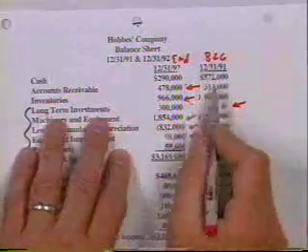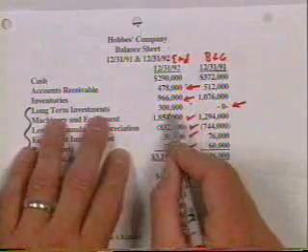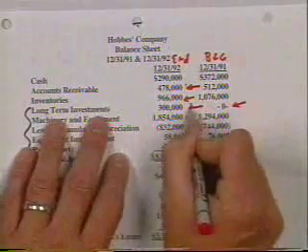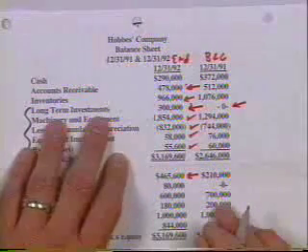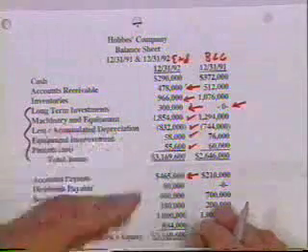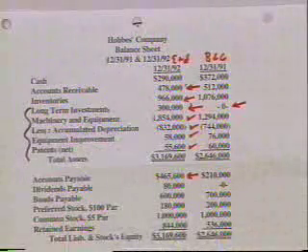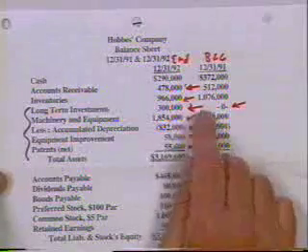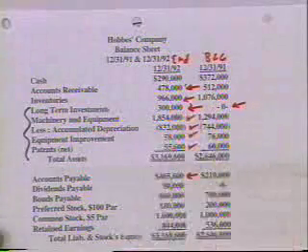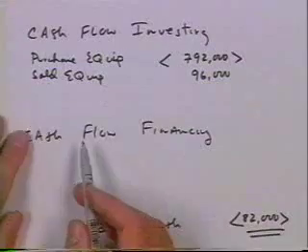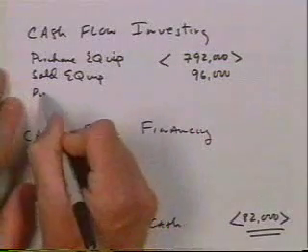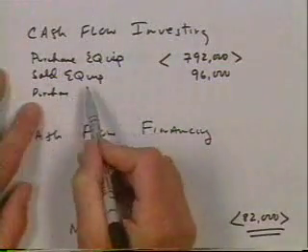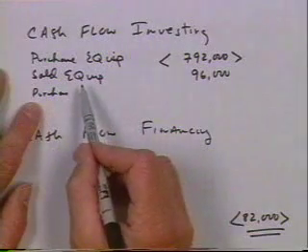And notice long-term investments started at 0, and now we have an asset on the books for $300,000. How would that have affected our cash flow? And the answer is, well, it would represent a cash outflow. So if we analyze this, we see a $300,000 cash outflow. We take that information to our investing section, and this is a purchase of a long-term investment.